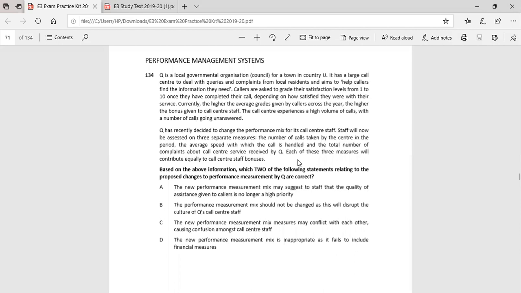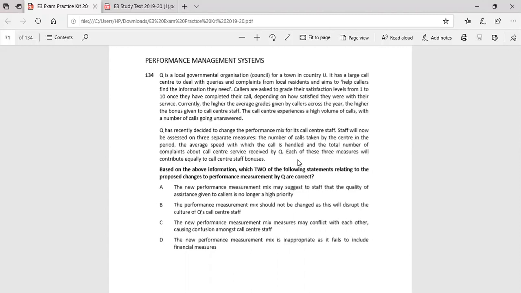It has a large call center to deal with queries and complaints from local residents, and aims to help callers find the information they need. Callers are asked to grade the satisfaction levels from 1 to 10 once they have completed their call. Currently, the higher the average grades given by callers across the year, the higher the bonus given to call center staff. The call center experiences a high volume of calls, with a number of calls going unanswered.